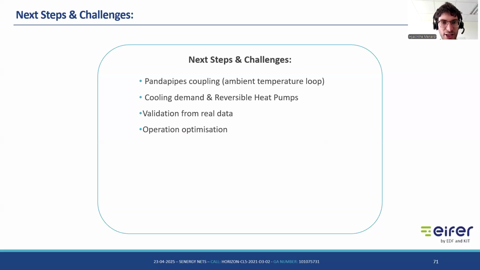Then we also need to manage the cooling demand and the reversible heat pumps, because as I showed, each of these systems that are connected to the loop can both extract heat from the loop in order to consume it or reject it into the loop.